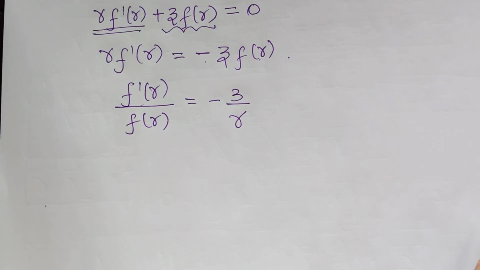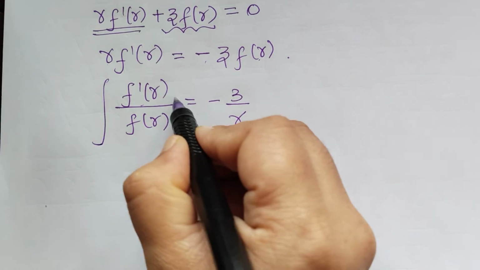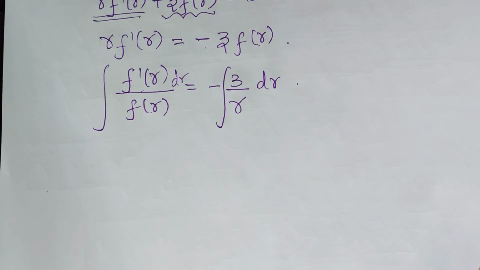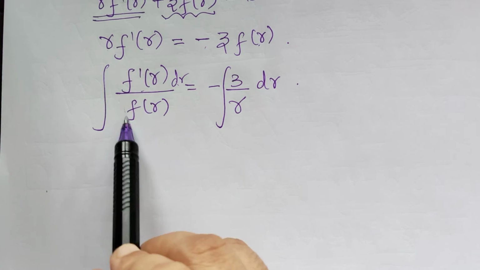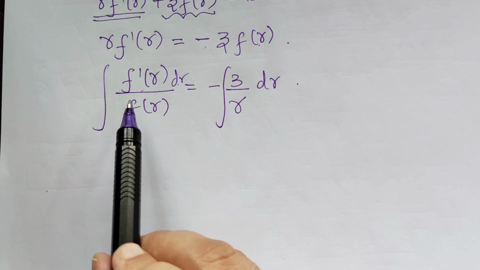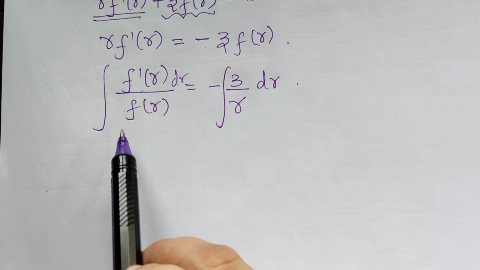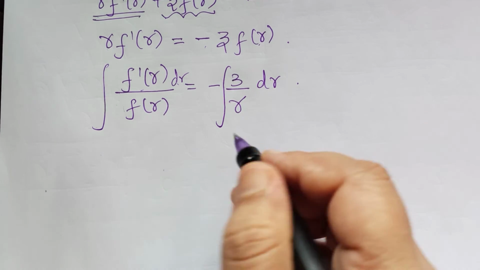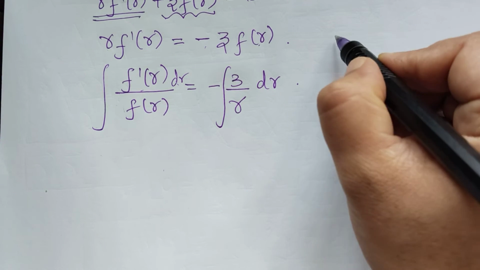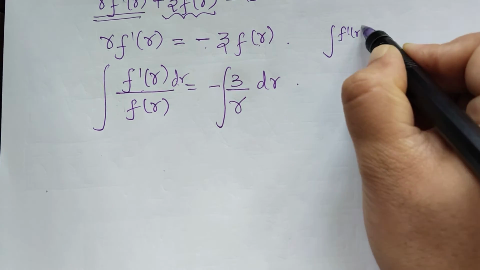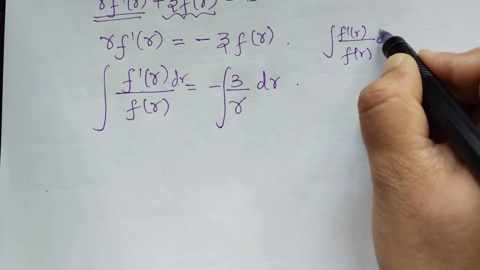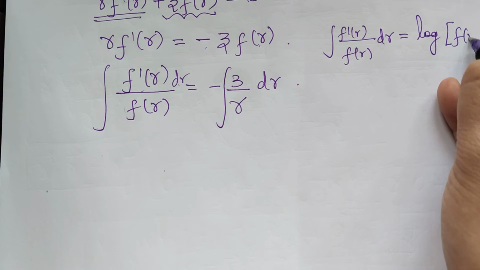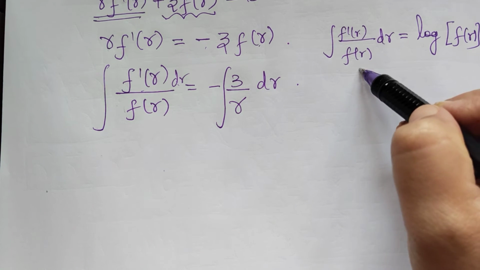Now we shall integrate on both the sides with respect to r. We know that if the differentiation of the denominator is the numerator, then the integral of such a term will be log of the denominator. So integral of f dash of r by f of r dr is always equal to logarithm of f of r, because the numerator is the differentiation of the denominator.